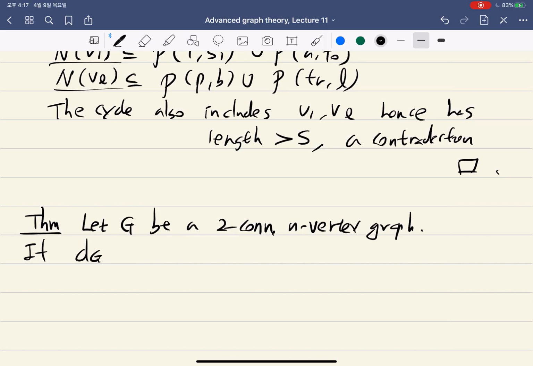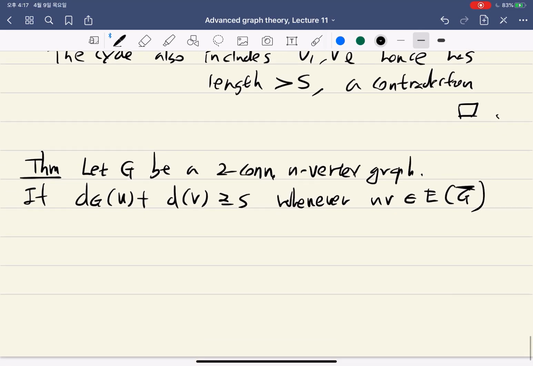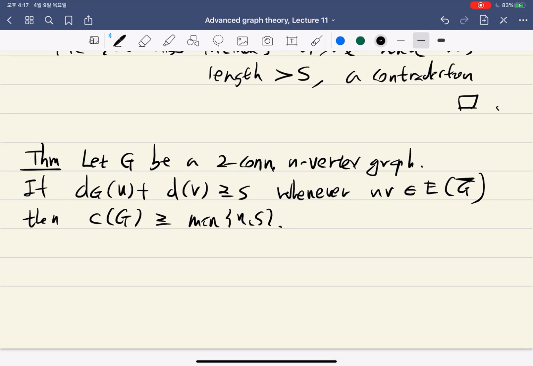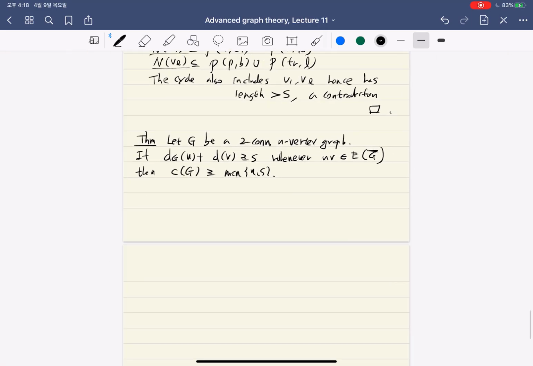If degree of U plus degree of V in G sums up to at least S whenever UV is a non-adjacent pair in G, then the circumference of G is at least the minimum of N and S. So let's prove this.